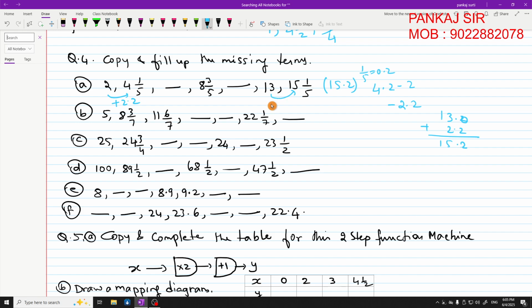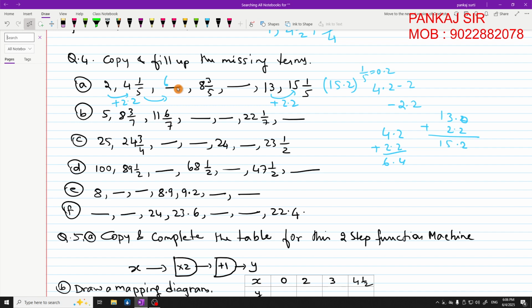Okay, so here also you can see that it is plus 2.2. So you can see that term to term rule is plus 2.2. So obviously when you add another 2.2, you will get this. So this 4 1 by 5 I am going to write as 4.2 plus 2.2 will give me 6.4. So this can be written as 6.4.